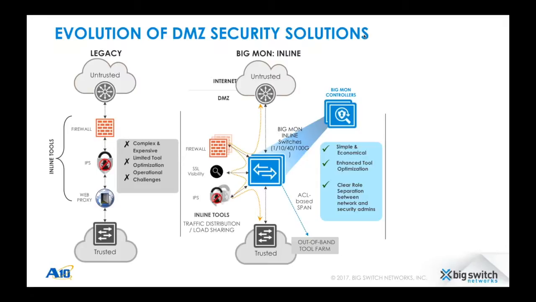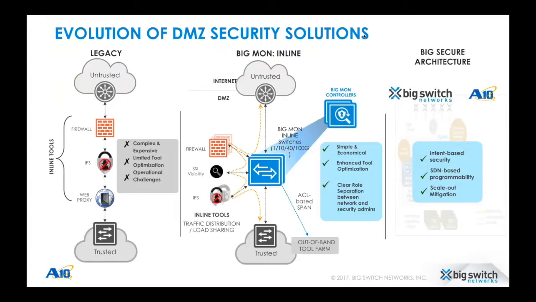For example, today we will be talking about the joint solution with A10 SSLi, where you could send SSL traffic through the A10 SSLi and IPS, which is attached to the chain, while you may want to send the non-SSL traffic to bypass the SSLi device. So Ted will go into the details of this solution as we move along in this webinar.